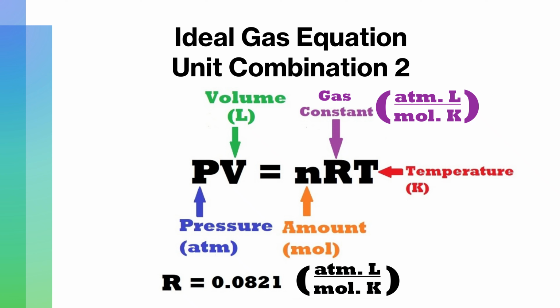So pressure is in atmospheres, volume is in liters, amount is in moles, temperature is in Kelvin, and the gas constant, as you see here, we have liters, atmospheres, and moles and Kelvin, and it is presented as a fraction to allow it to be used as a conversion factor. And the value of R is also different. 0.0821 to three significant figures, and then we have that fraction arrangement, that conversion factor containing those units there.